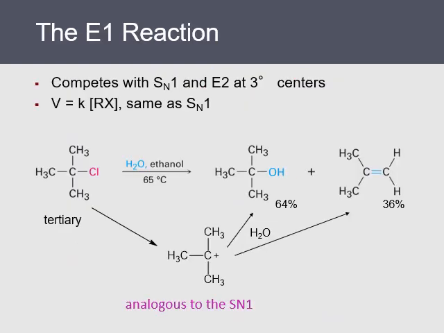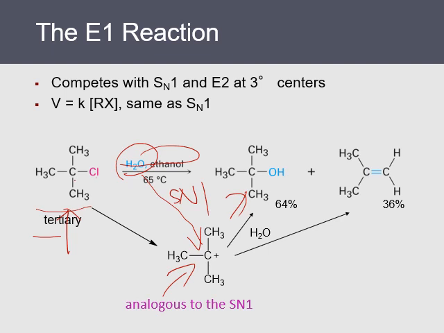If we have a tertiary alkyl halide, such as this one, in water or ethanol, that's a weak acid and weak base. In the tertiary alkyl halide, the first carbon-chlorine bond breaks to give you a carbocation, and then the water solvent may serve as a nucleophile that can attack this carbon and form an alcohol, and that is an SN1 reaction.